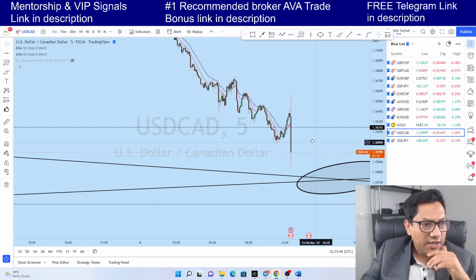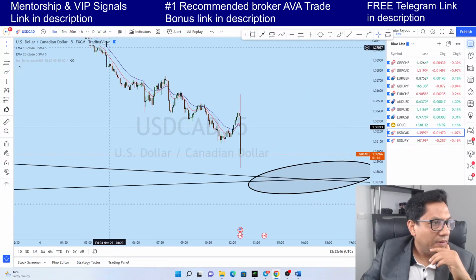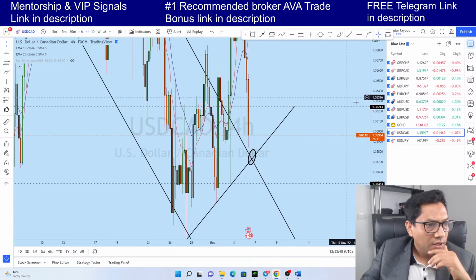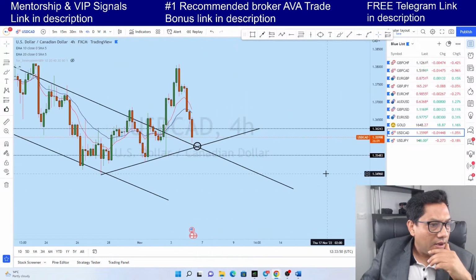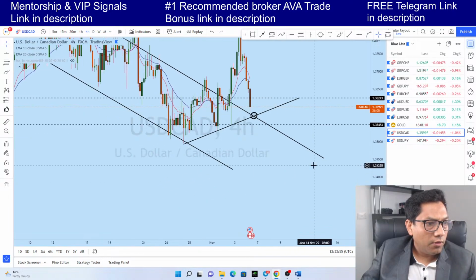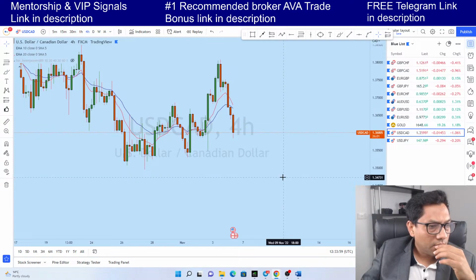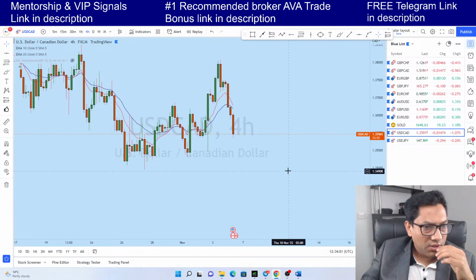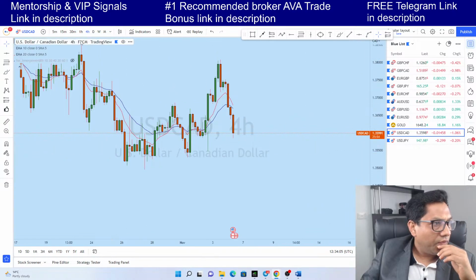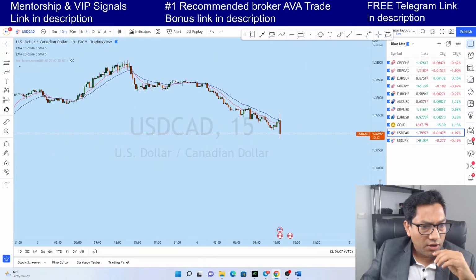Looking at dollar CAD, as I told you guys, the price came to the same level as expected, and I think the price will create a bullish move. So let's see. Let's delete this one. Let's settle the news, and then we'll find out if we can find any trade on this level.